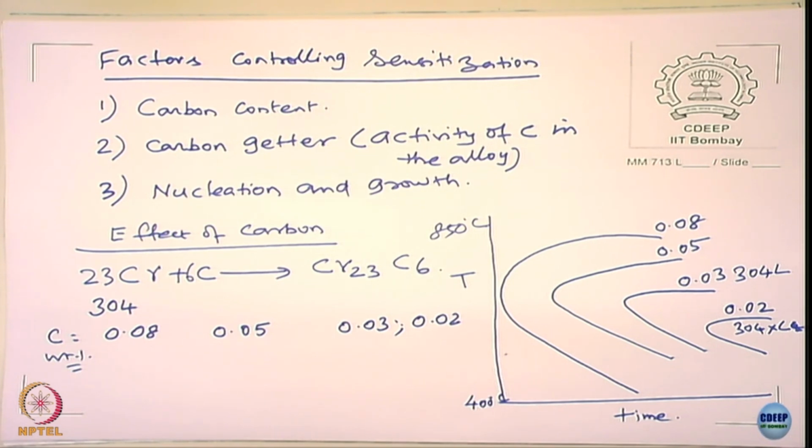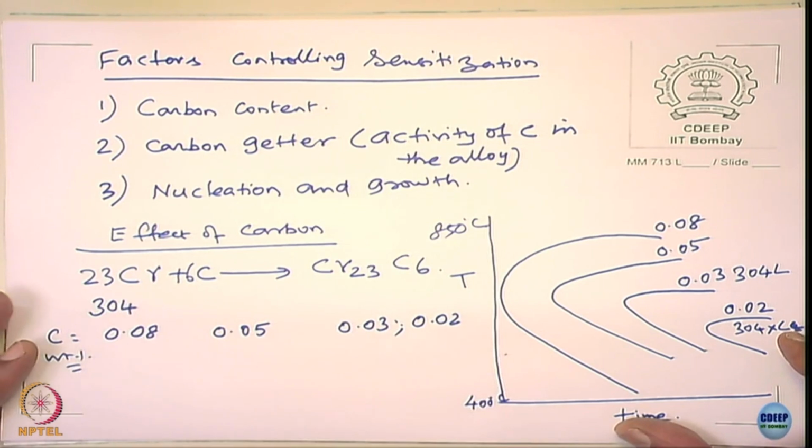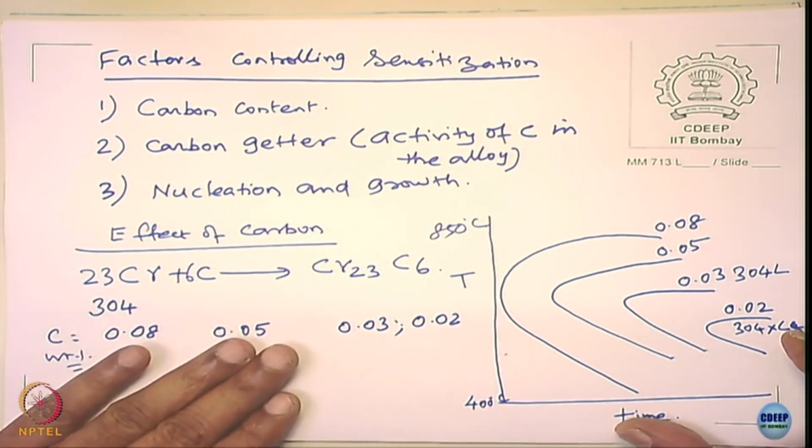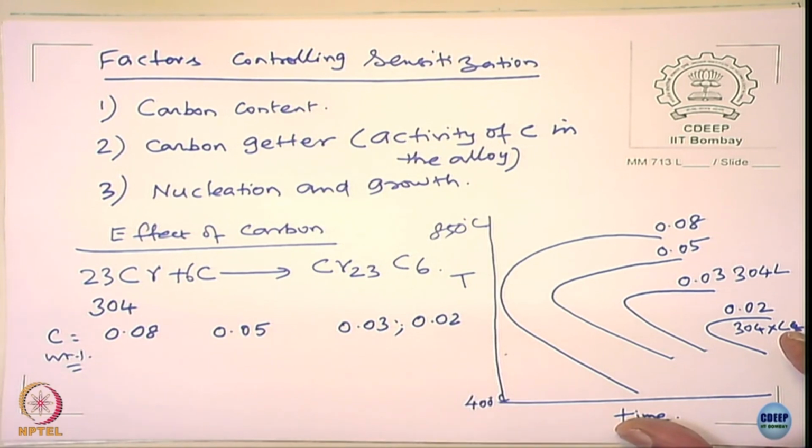People go for 0.02 or 0.015, something like that. So, the development of low carbon stainless steels has a basis. The basis is the time, temperature, sensitization diagram.